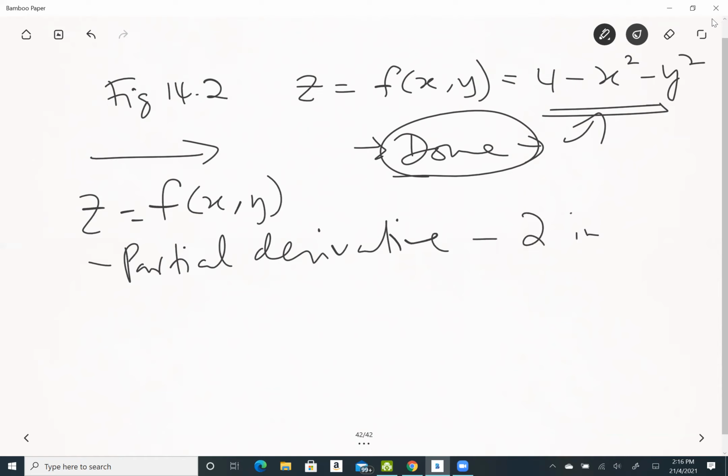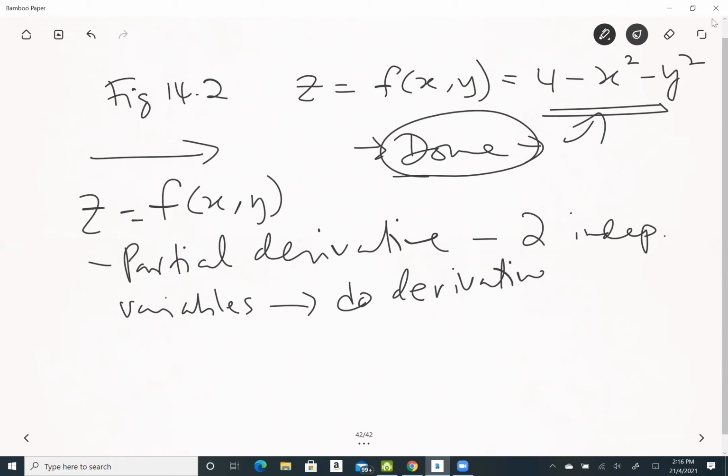When you do the derivative, or we differentiate, okay, I think differentiate sounds good, we differentiate z with respect to only one variable at a time.